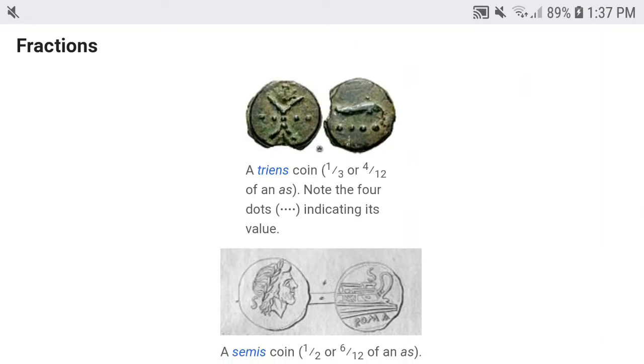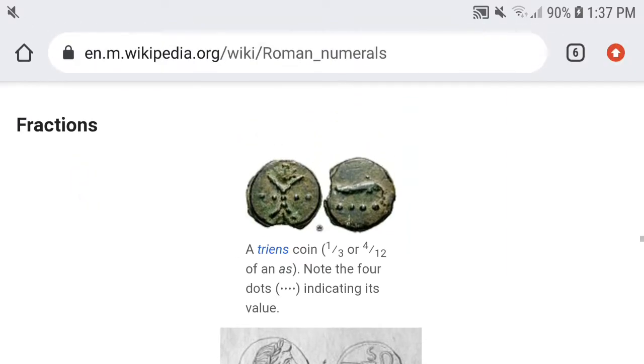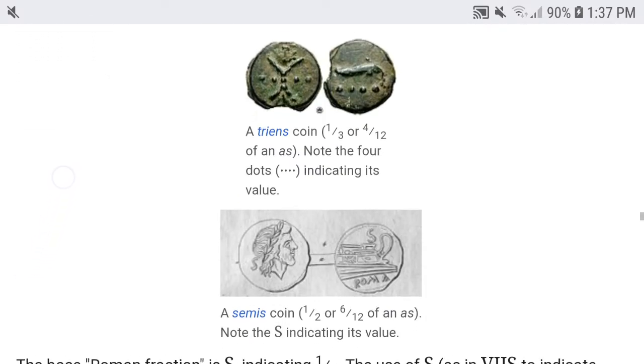Interesting. Okay, fractions: a triens coin, 1/3 or 4/12 of an as. So there's fractions, which looks weird, honestly. What is that? That's a lot of dots, and then there's a weird line as well, right?